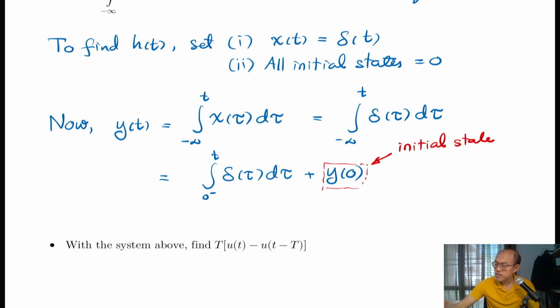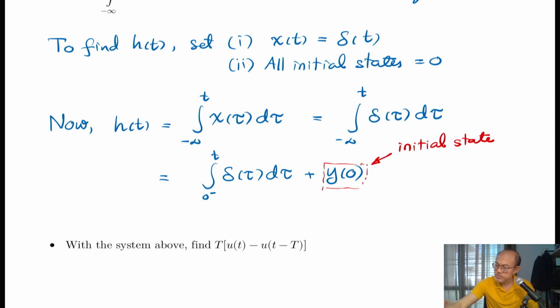Because we want to find the impulse response, we need to set this one to 0, because here we have to set all initial states to 0 to find h(t).